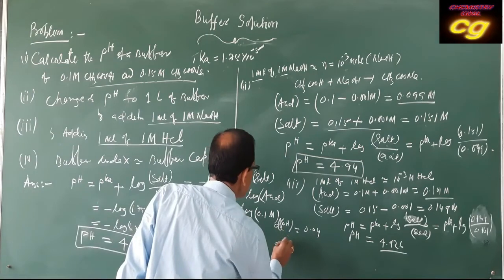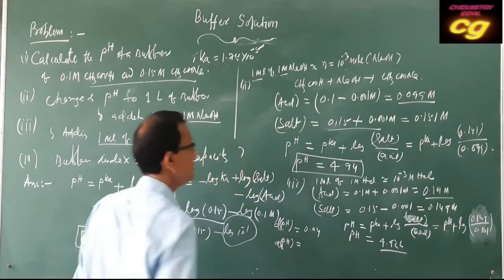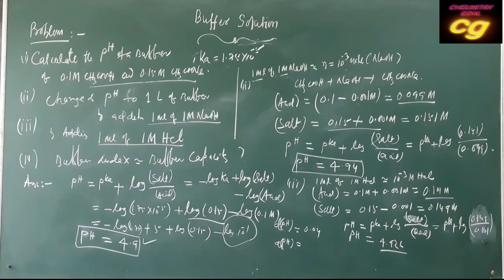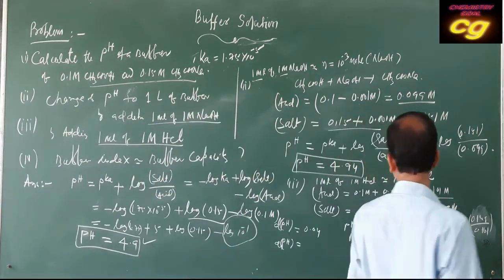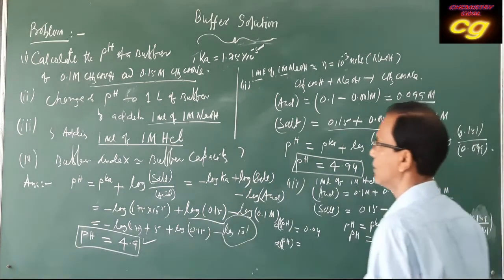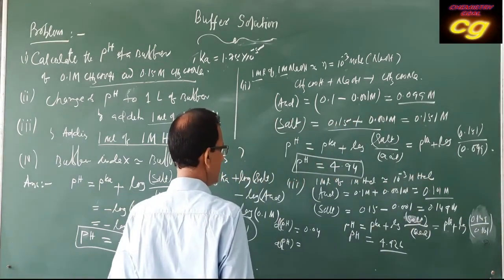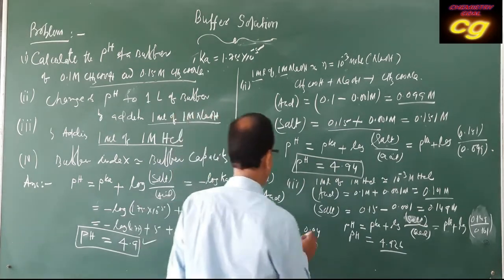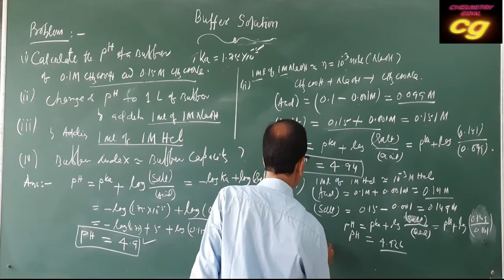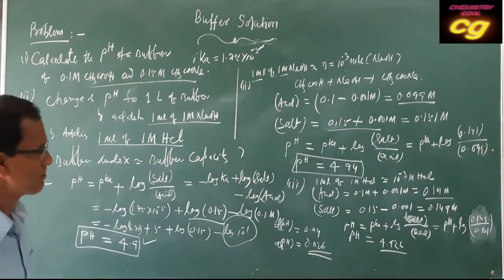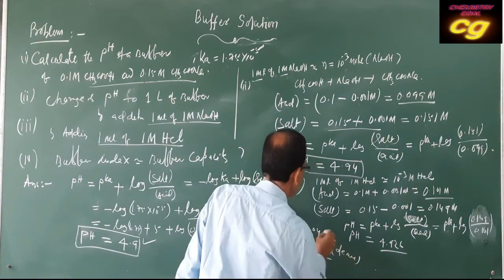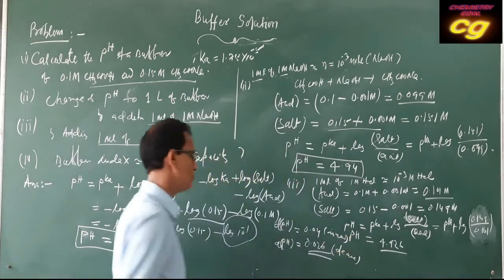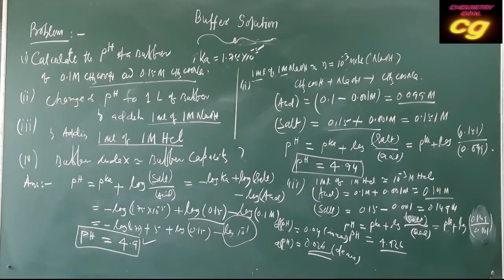How much decrease by addition of acid? 4.926 compared to the earlier value gives 0.026. This much change. Here it is a decrease, and there an increase.